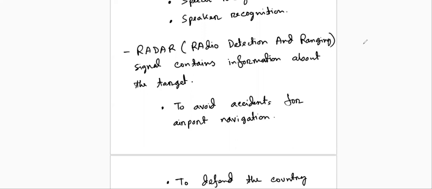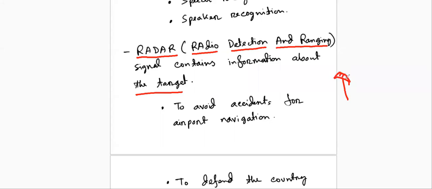Okay. However, I'll talk about radar, radio detection and ranging. The signal contains information about the target. Probably I talked about this in the last class. That means you have the antenna.